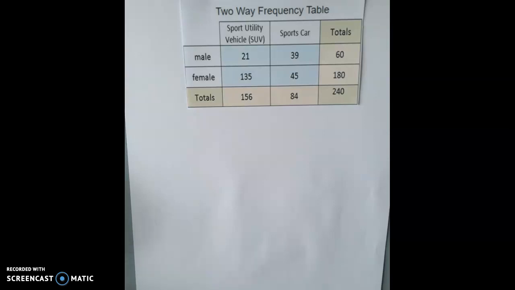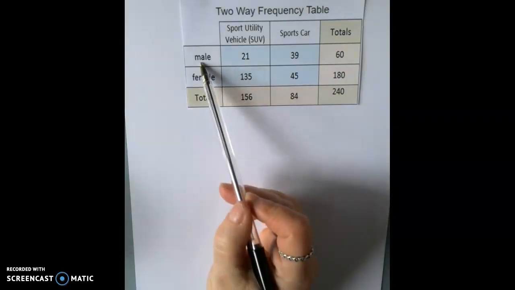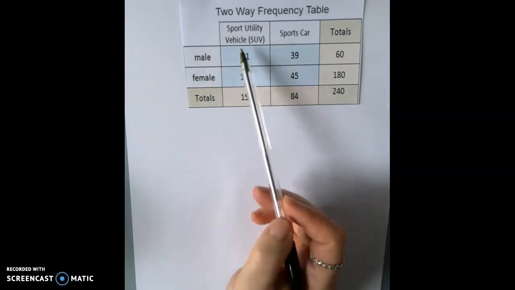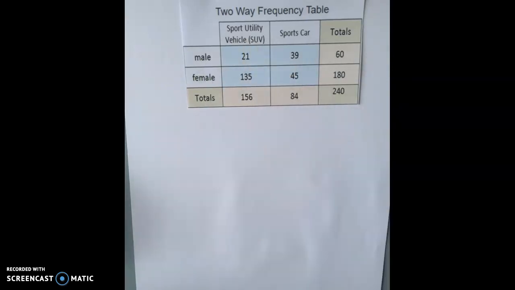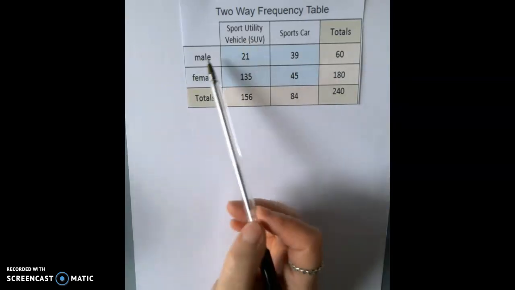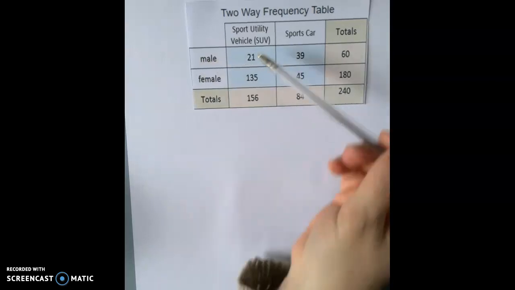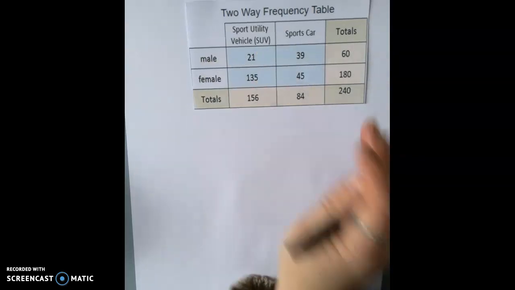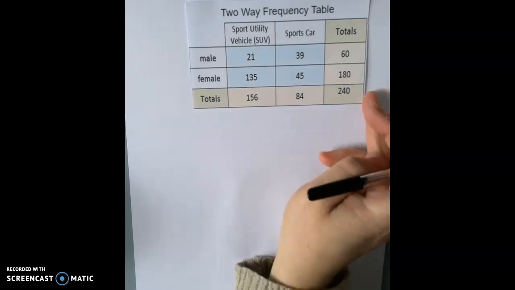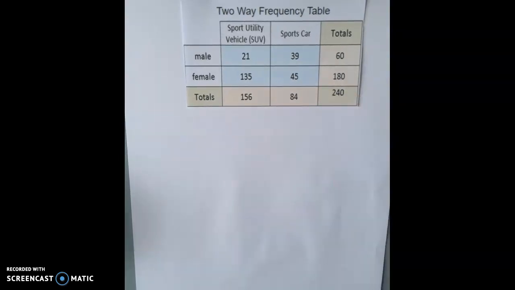But what about if we want to know if they were male and picked, say, an SUV? So we need to know where the row and the column intersect. These are important words because they're used a lot in Venn diagrams, which we will go on to later. So it's really important that you begin to understand what these words mean and that we start using them.